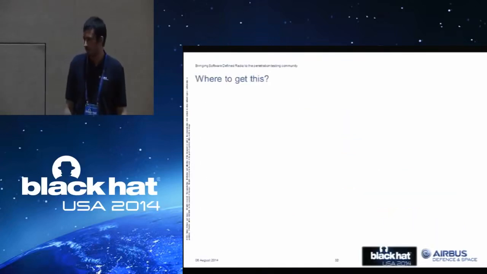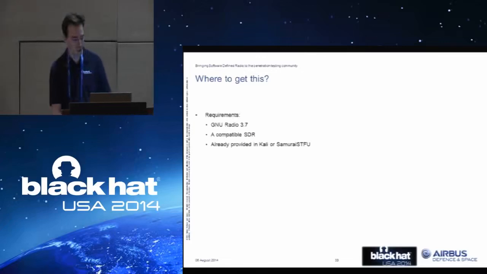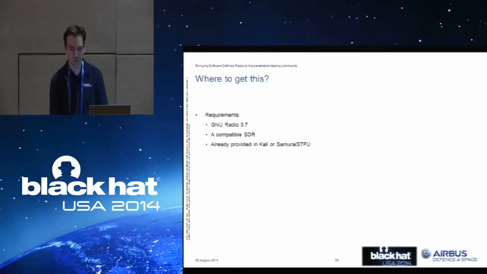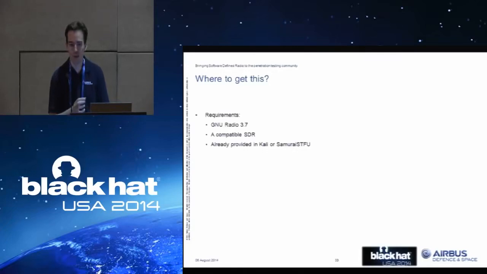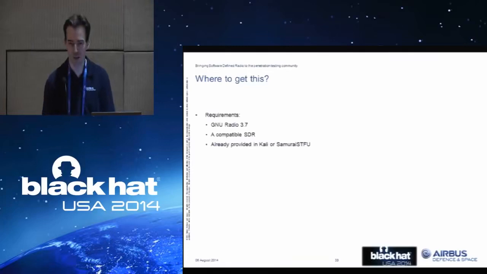So, where to get this tool. All you require is GNU Radio 3.7. Be careful because 3.7.5, which is the upcoming development version, just breaks the UHD blocks in a pretty nasty way. It's the UHD sink, the block responsible for transmitting packets with a USRP.